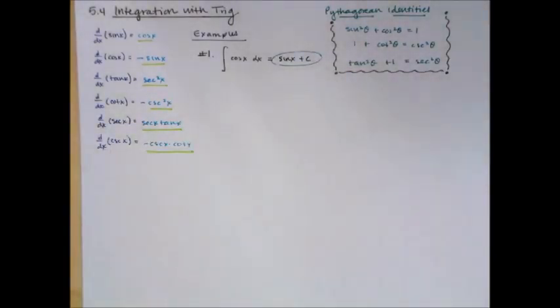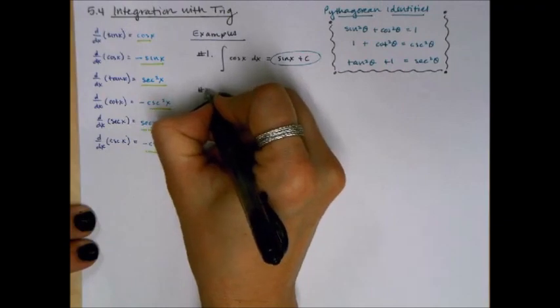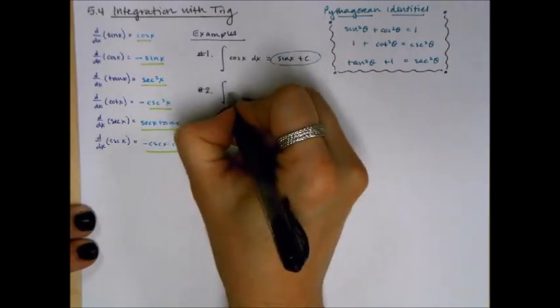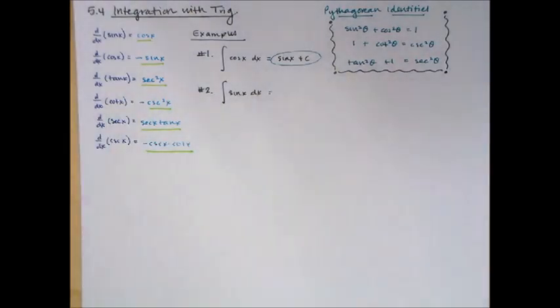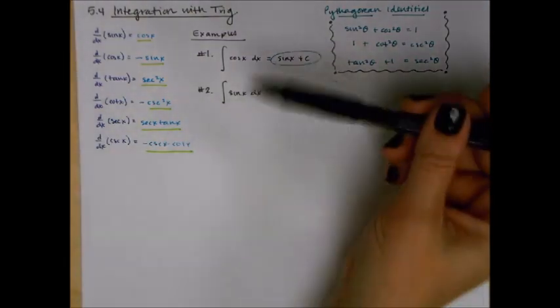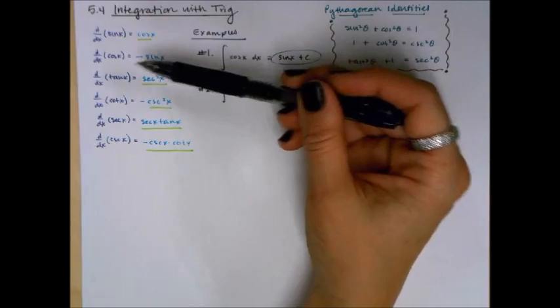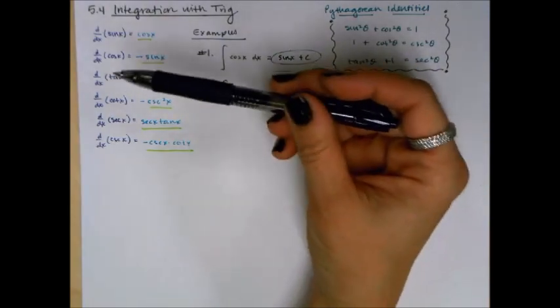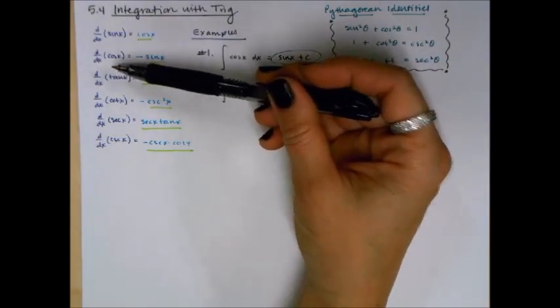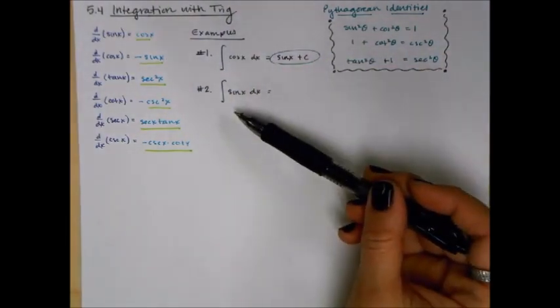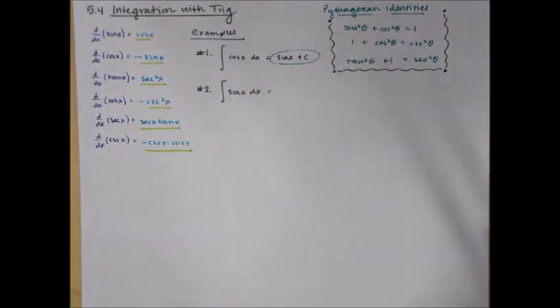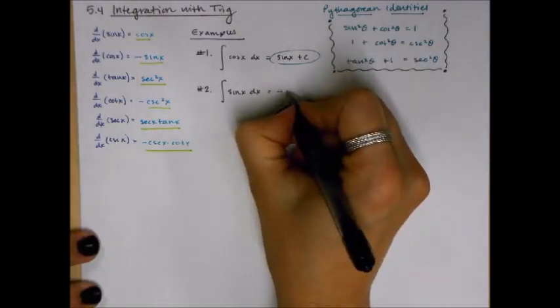And we'll move on to number 2. Now integrating sine, I do have sine in my list, although it is a negative sine. In other words, the derivative of cosine is negative sine. So whose derivative would give me positive sine? Well, that would have to be negative cosine.